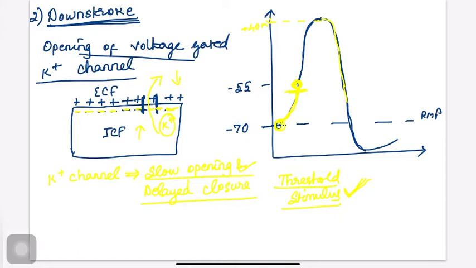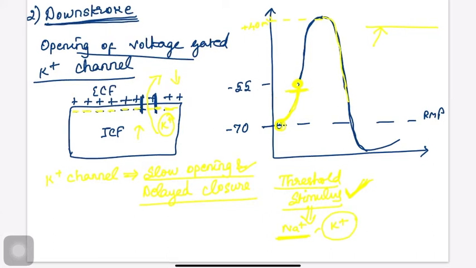For example, if we give a threshold stimulus to a nerve, the resting membrane potential of minus 70 millivolt will reach minus 55, and then the action potential begins. As soon as the threshold stimulus is applied, it will cause opening of sodium channels and potassium channels. But the sodium channels open, while the potassium channels don't. Why?